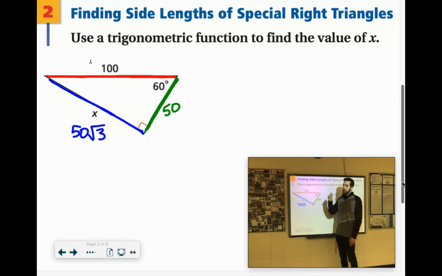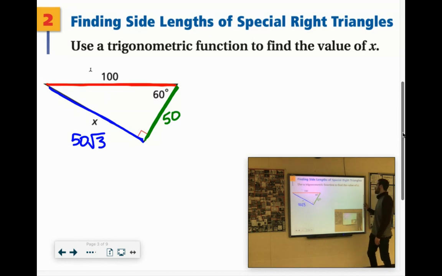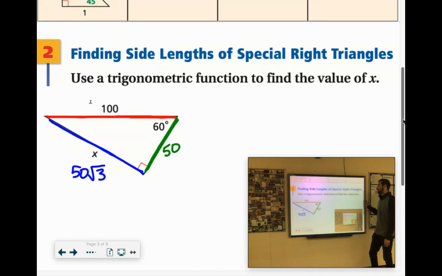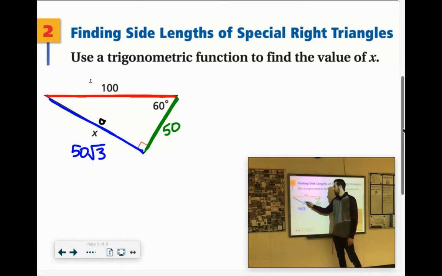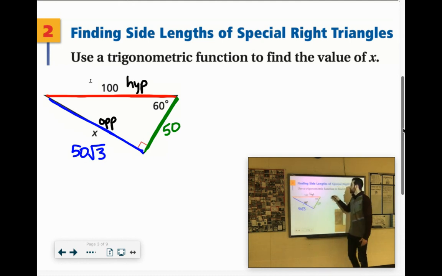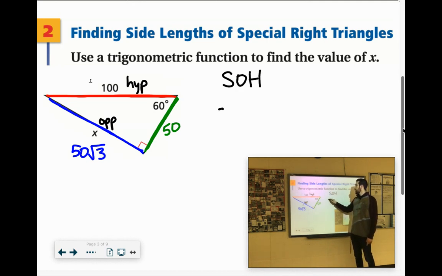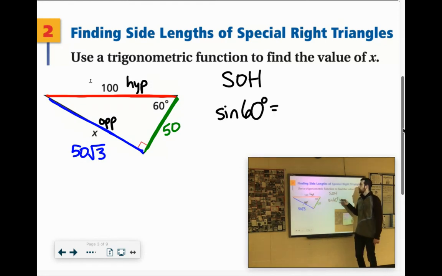Now, there is a very formulaic thing that the book would want you to do here. And they would have you look, let's see. So, with 60, the sides in relation to 60 are the opposite and the hypotenuse. So that would be the sine. So the sine of 60 degrees would equal the opposite side, x, over the hypotenuse, which is 100.